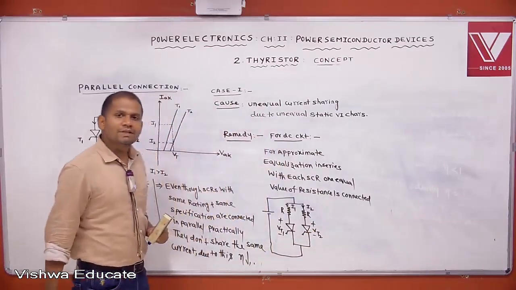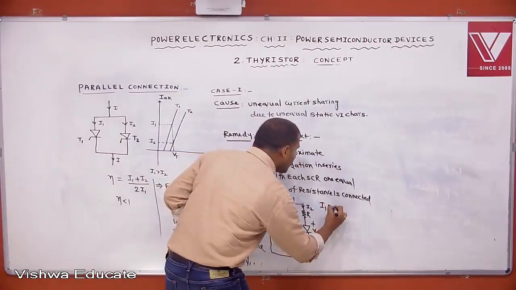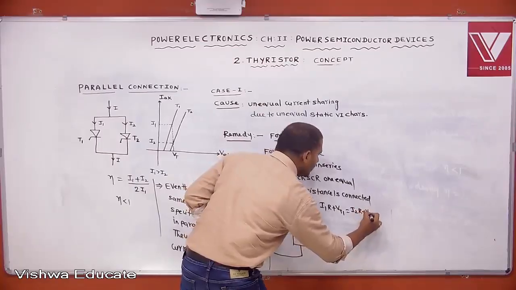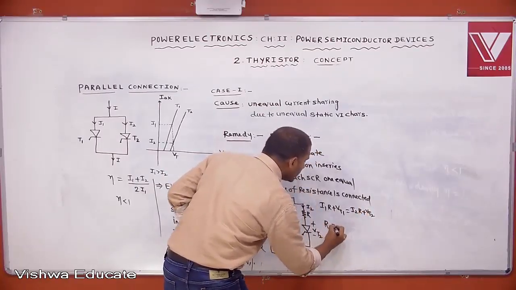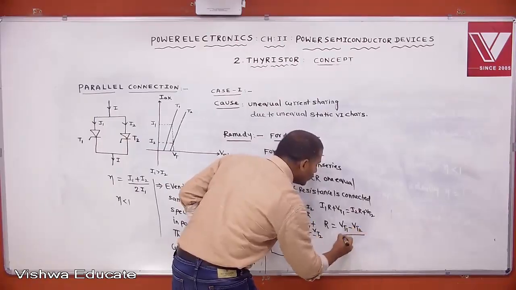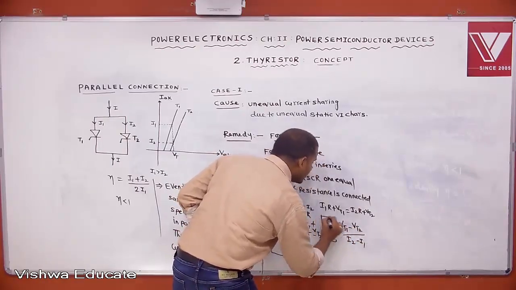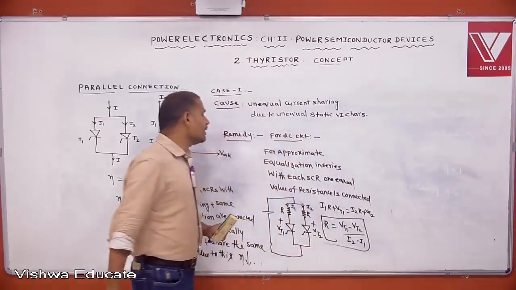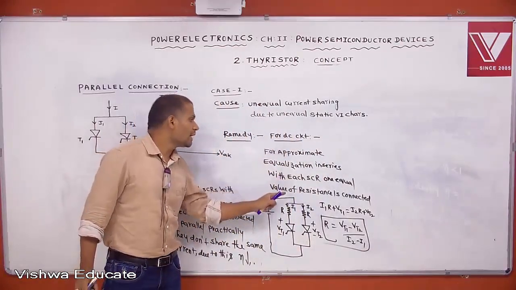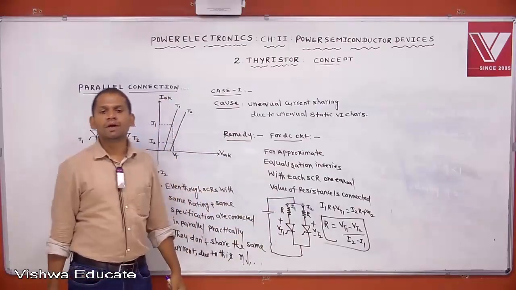Then we can equate like this: I1 into R plus VT1 equals I2 into R plus VT2. From this we can calculate R equals (VT1 minus VT2) divided by (I2 minus I1). This much resistance we can connect for approximate equalization of current distribution.